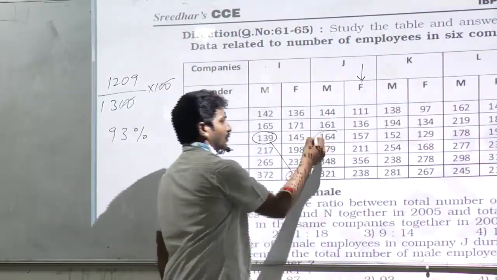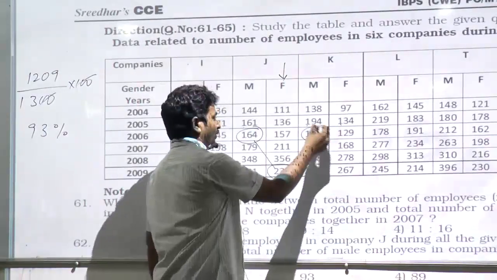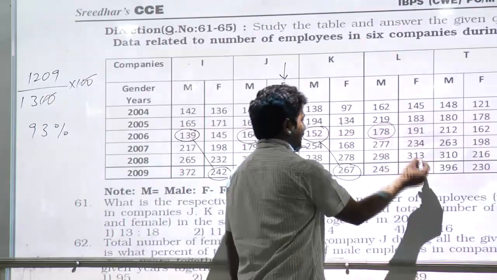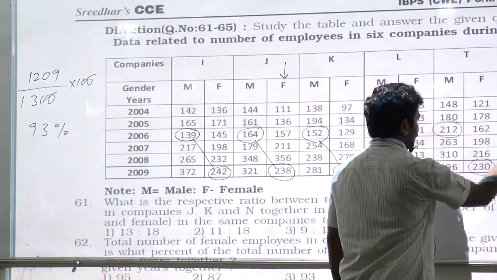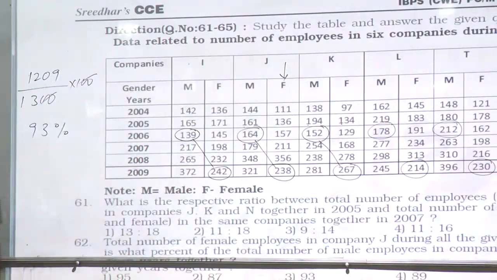Male in 2006, female in 2009. These two, 164, 238. Difference between these two, 152, 267. Difference between these two, 178, 214, 212, 230, 241, 300. Take individual difference and then calculate average if you are comfortable.